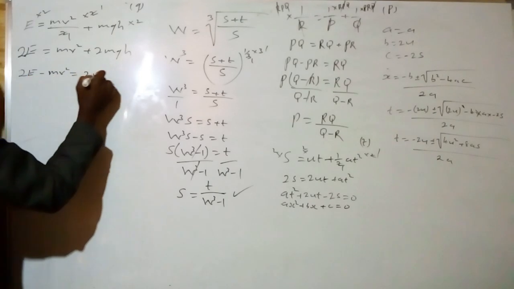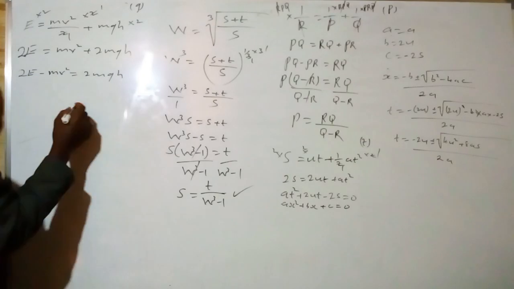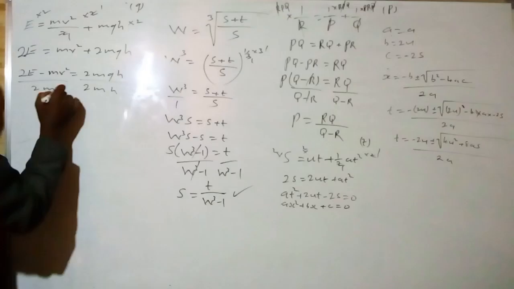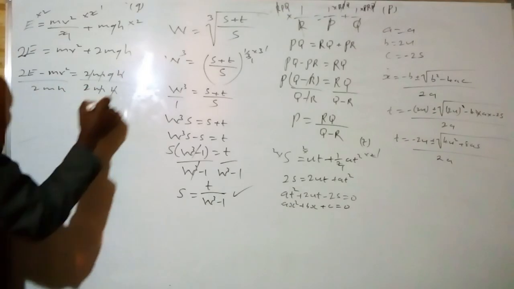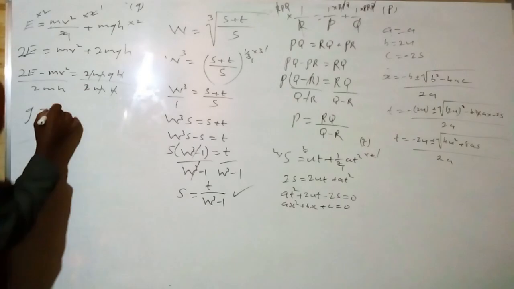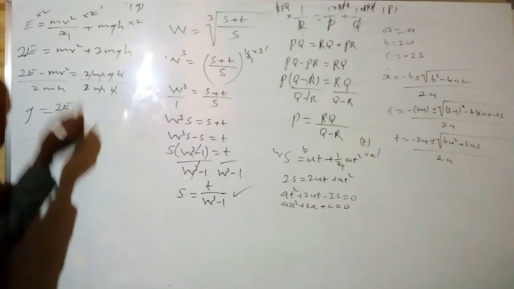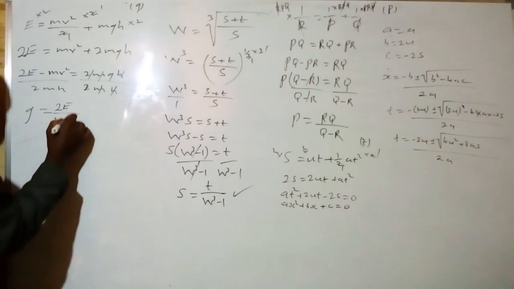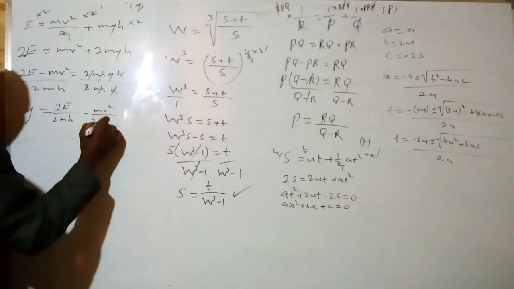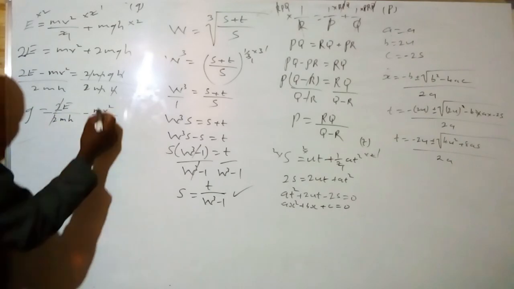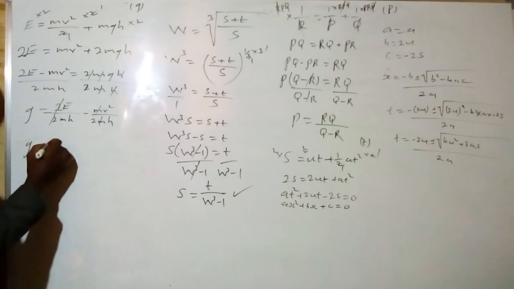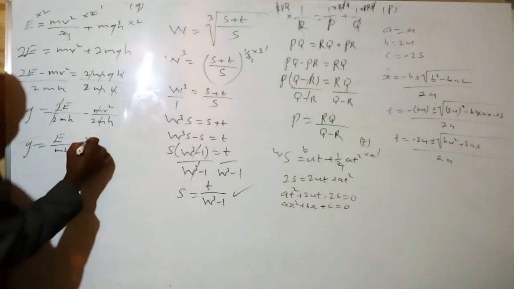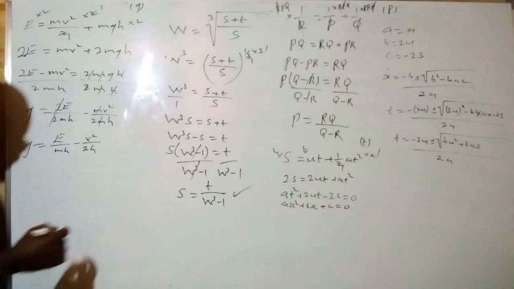We can divide that by 2mh, and our g will be 2E all over 2mh minus mv squared all over 2mh, so that 2 and 2 will cancel out, m and m cancel out, and our g will be E all over mh minus v squared over 2h.